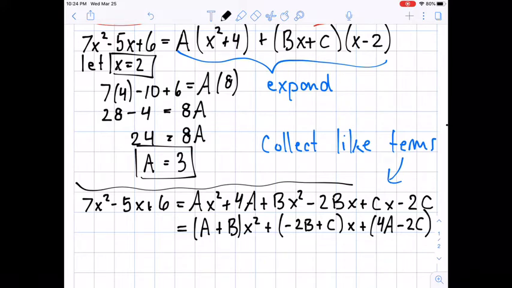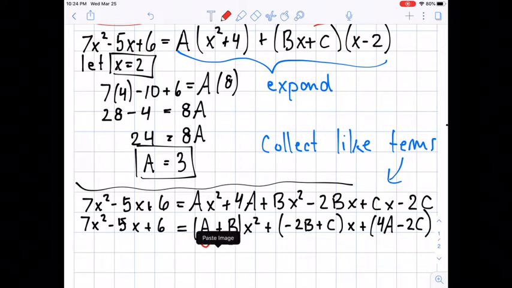So now the idea with this second method is that we know the left-hand side is going to be a quadratic. And the right-hand side, if it's equal to the left for every value of x, must also be a quadratic, and it must be the same quadratic. So this coefficient a plus b of x squared must be the same exact coefficient as we have on the left-hand side, so a plus b must be equal to 7.